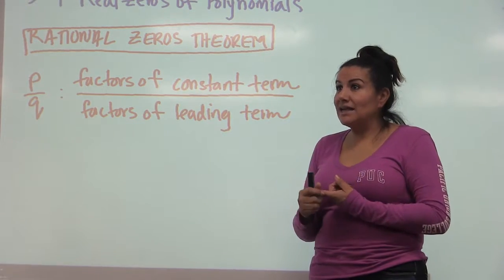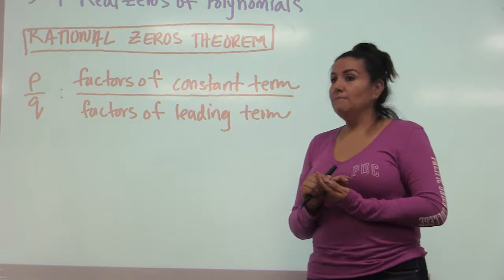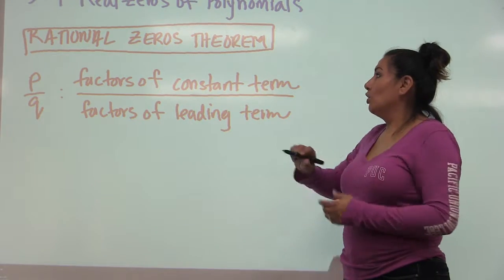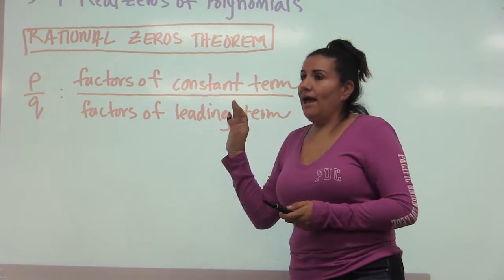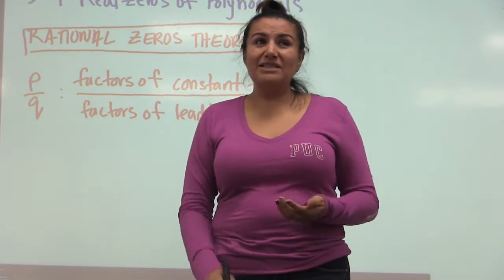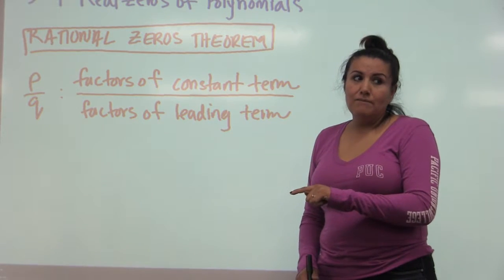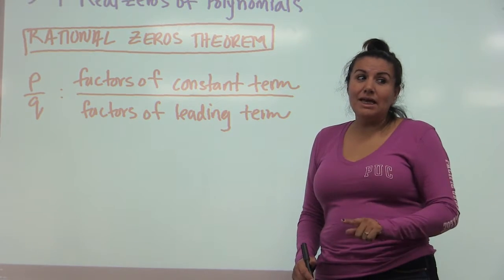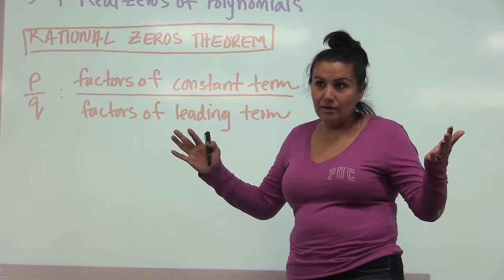But if there is a rational zero, it's going to be in that list. To say that again, we're going to generate a list with this theorem, and the rational zeros that exist for this function have to be in that list. But that doesn't mean that it's all the zeros. Are we clear? Okay.